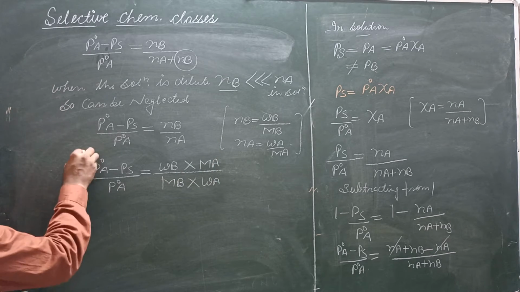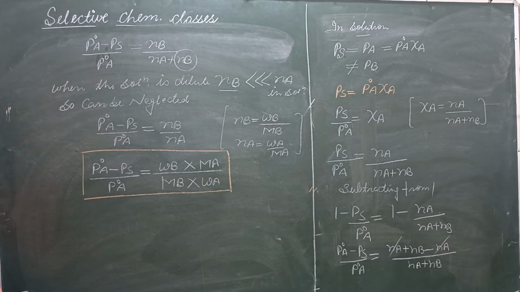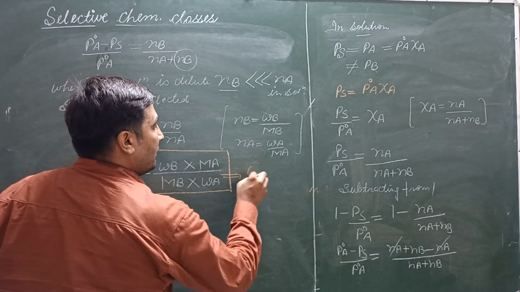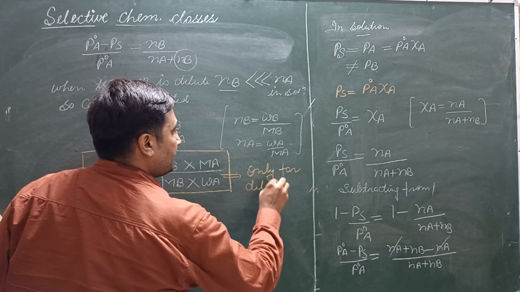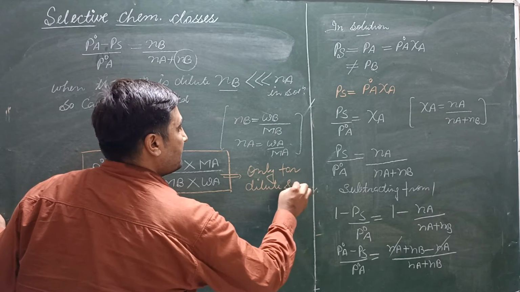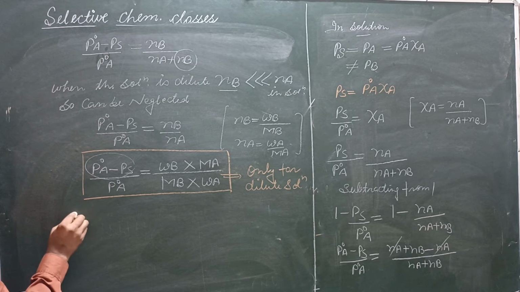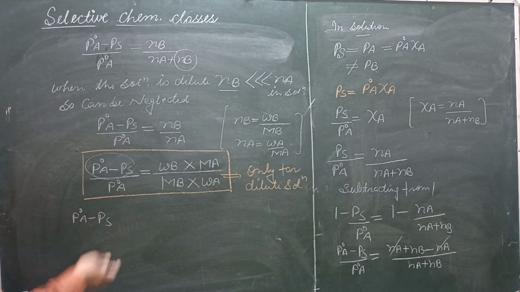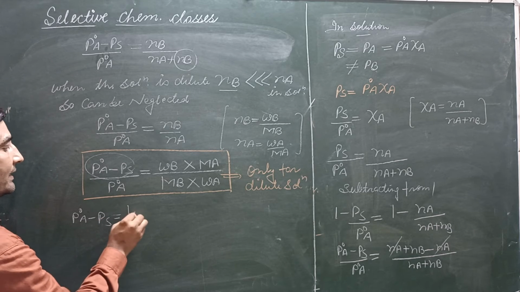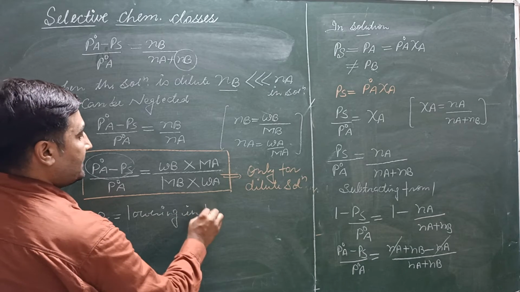So this will be the formula used for the numerical problems for this colligative property, and this will be applied only for dilute solutions. Only for dilute solutions. Here this term P naught A minus PS will be equal to lowering in vapor pressure.